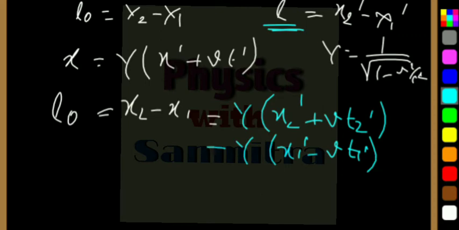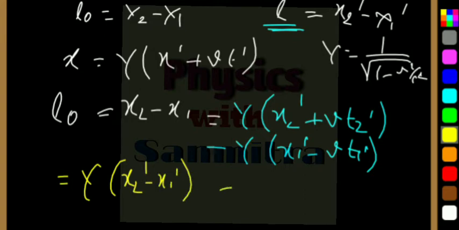See, t1 dash and t2 dash are not the same. Now I can take gamma common: gamma into x2 dash minus x1 dash, plus gamma into v common, t2 dash minus t1 dash.